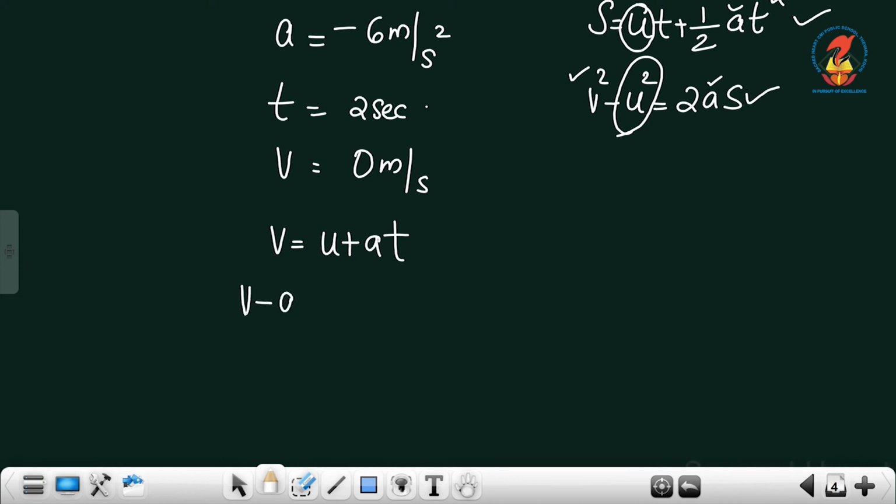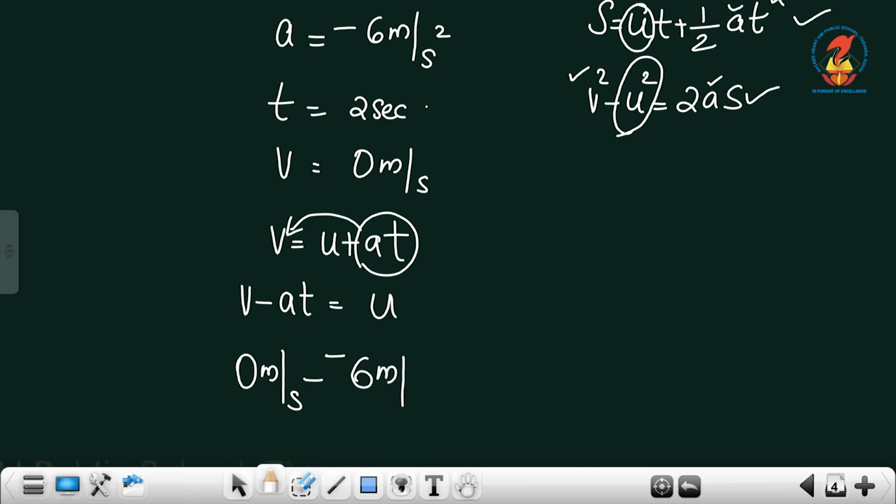So, v minus at equal to u. Now, I will substitute in this equation: 0 meter per second minus 6 meter per second square into 2 seconds equal to u.